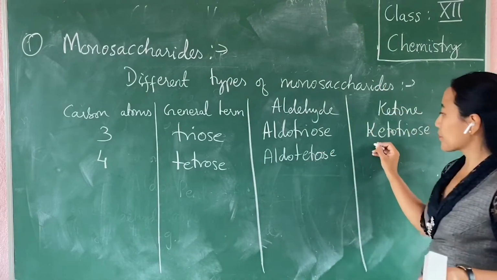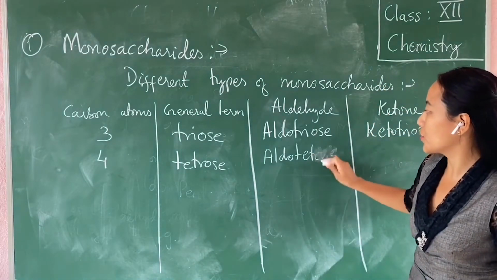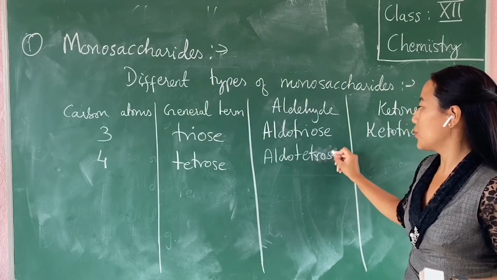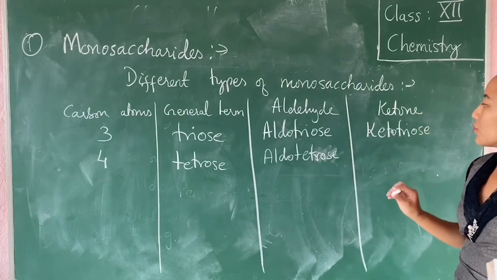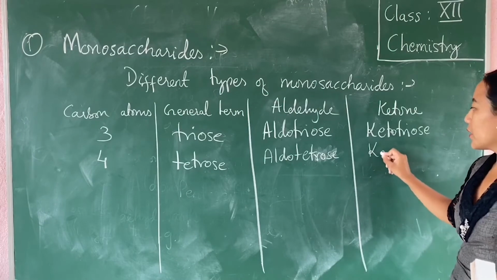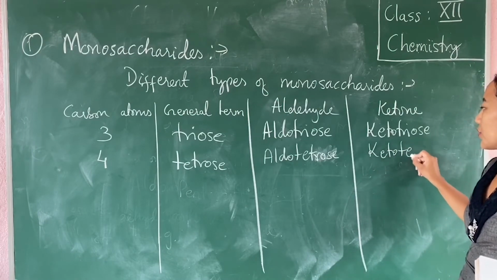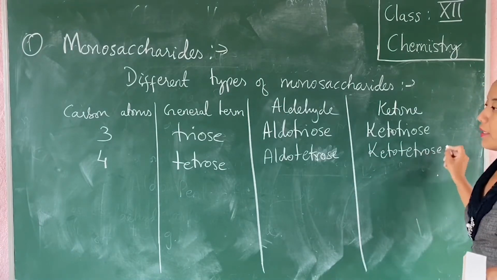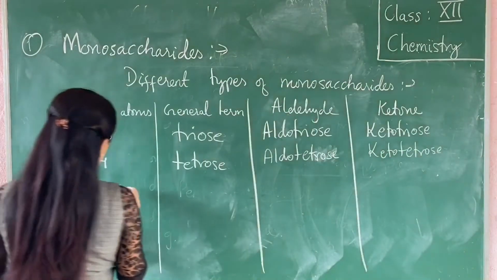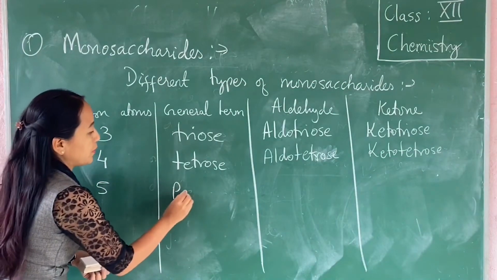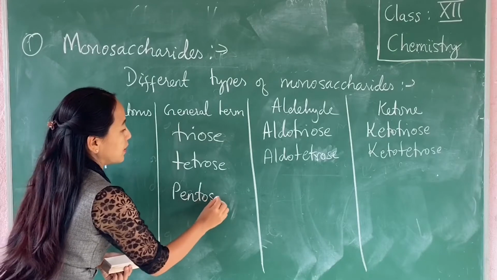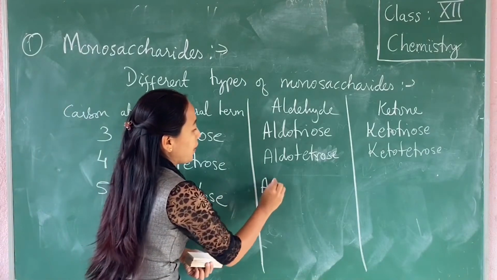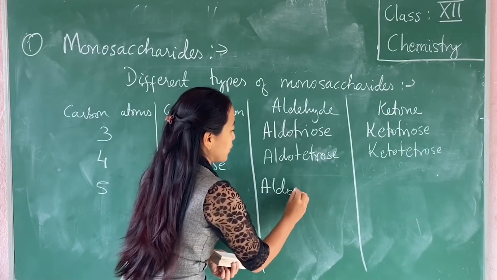Tetrose. If a ketone group is present, then it will be ketotetrose. If it is 5 carbon atoms, it will be pentose, and this will be aldopentose if the aldehyde group is the functional group.